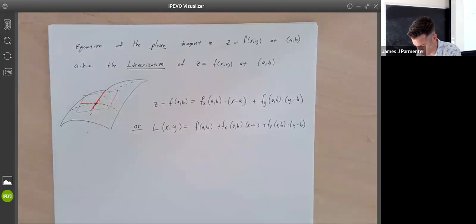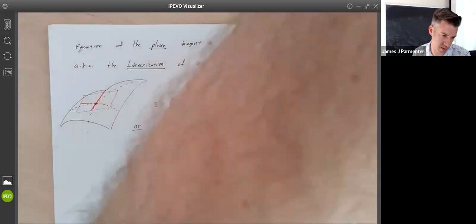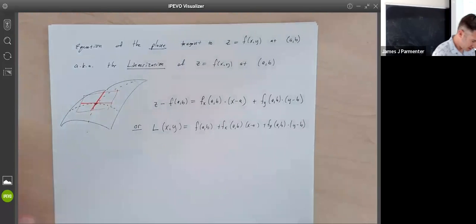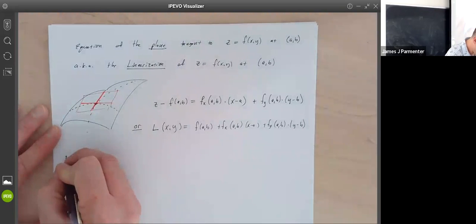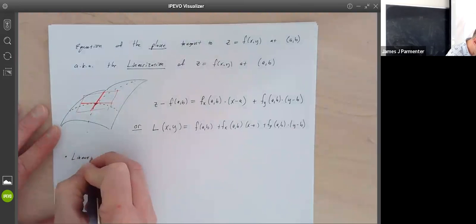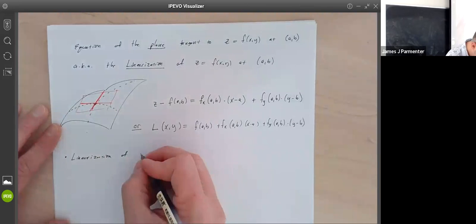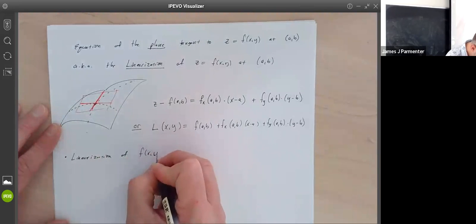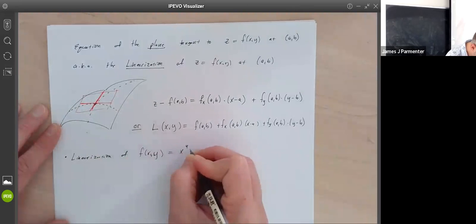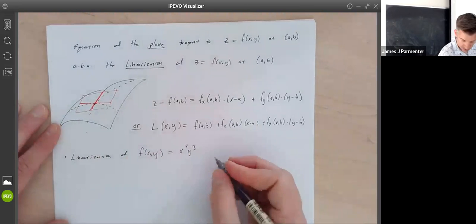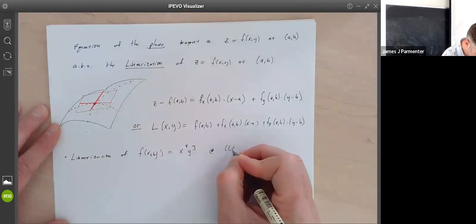So let's look at an example. Say we want to find the linearization of f of x, y equal to x to the fourth y cubed at the point (1, 2).